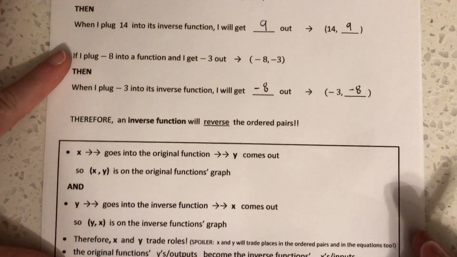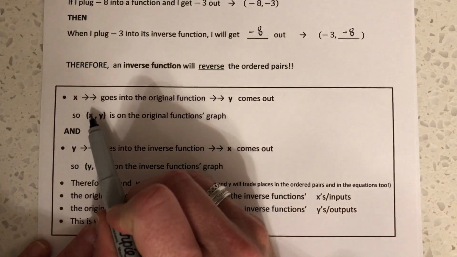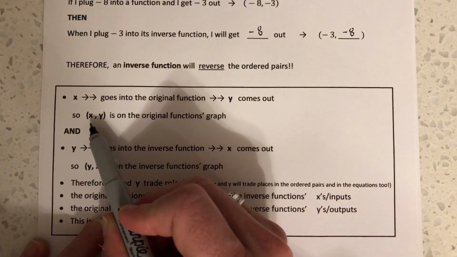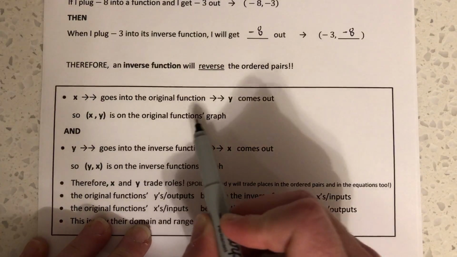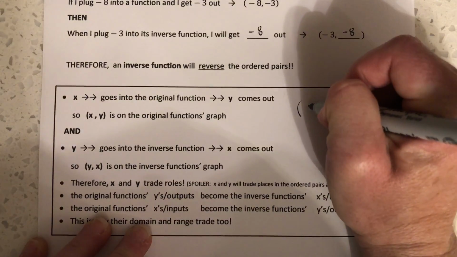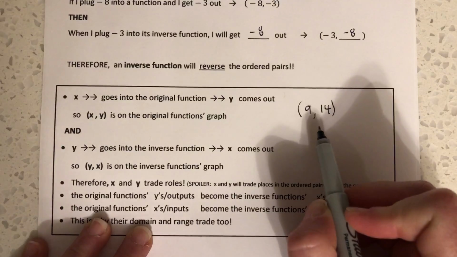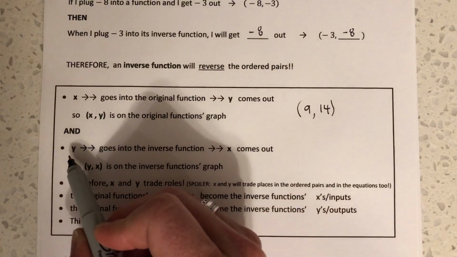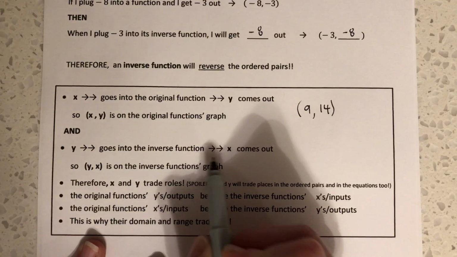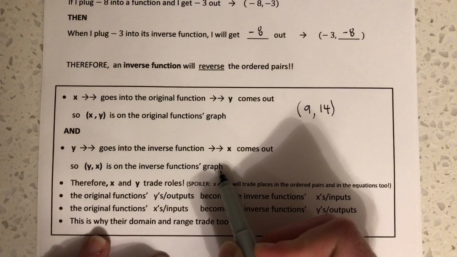All right, so I made a little chart for you down here. This is how it works. x goes into the original function, and y comes out. Therefore, the point (x, y) is on the original function's graph. So think of it like 9 went in, and 14 came out. That's a point on the original function's graph. And then the y value, his output, goes into the inverse function, and x comes out. Therefore, (y, x) is on the inverse function's graph, right?